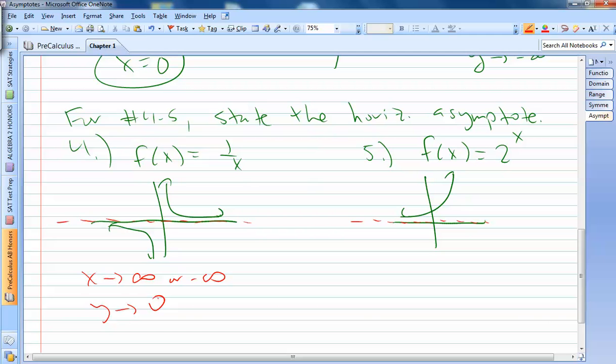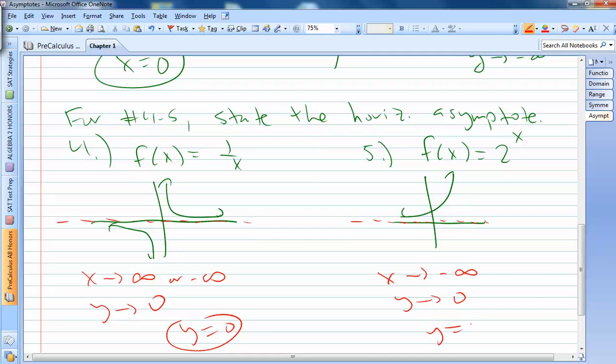If we make x really, really big, so we look at the horizontal extremities now, we see that y is getting close to 0. Or another way to think about when y gets close to 0, x approaches either infinity or negative infinity. So it's kind of reverse from a vertical asymptote. Same thing over here. When x is approaching negative infinity, we see y is approaching 0. So essentially, y equals 0 will be the horizontal asymptote for both of these.